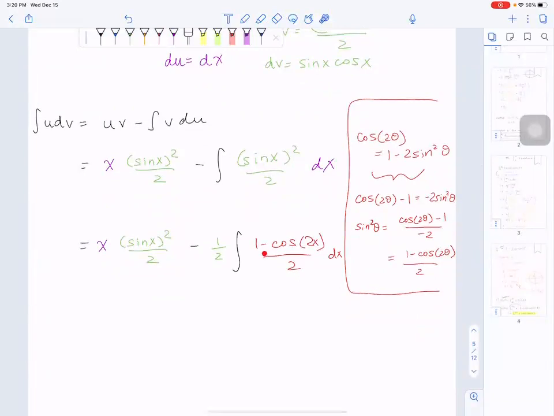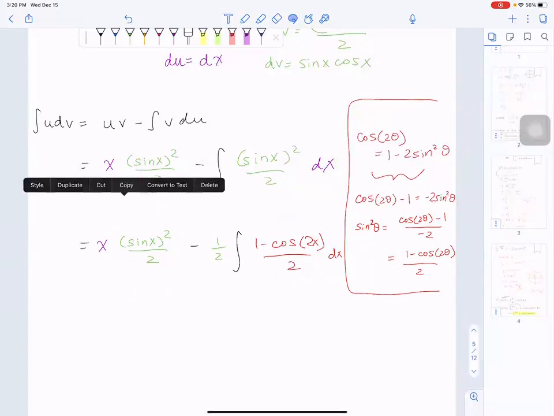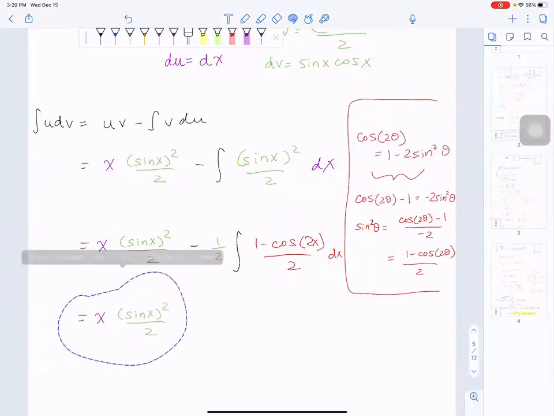Now this looks like a much better integral to solve. Why? Because now we just have one trig. So when you see one trig with something complicated in here, it's most likely that the complicated thing is what you're going to choose for u. So that's a hint that we're going to use u substitution for this. Okay, so we continue this left side.